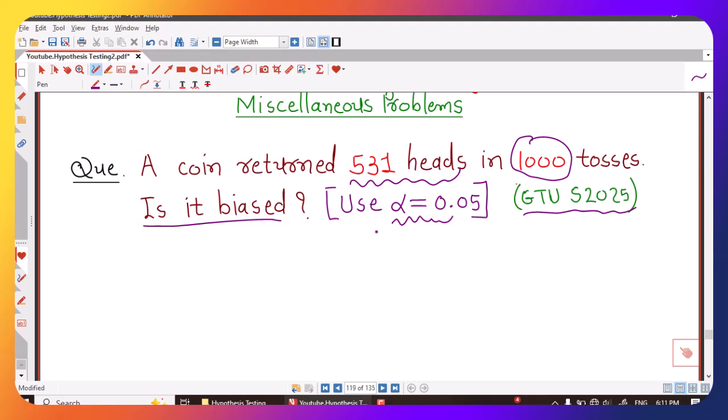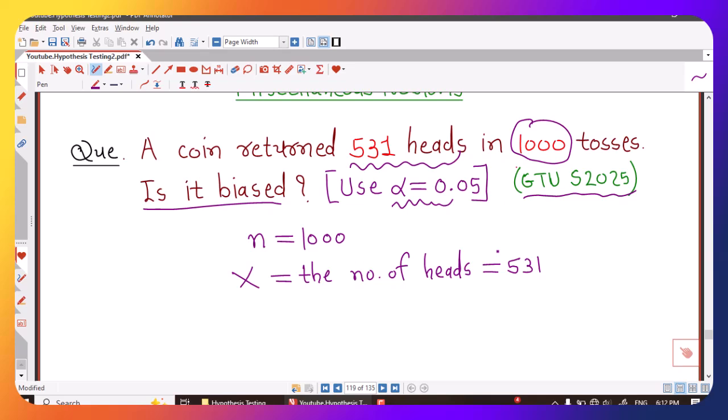So here we can see that they have considered 1000 tosses of a coin, and the number of heads they are getting in 1000 tosses is equal to 531. So out of 1000 total tosses of a coin, they obtain head 531 times.